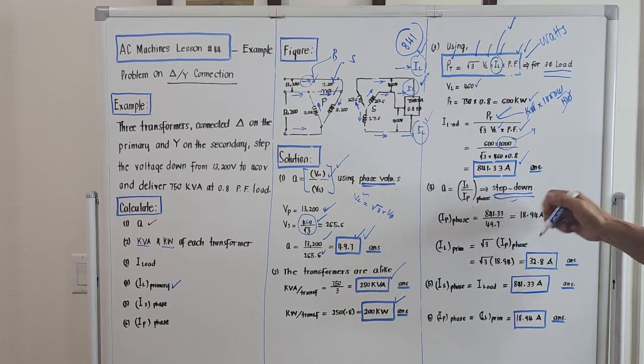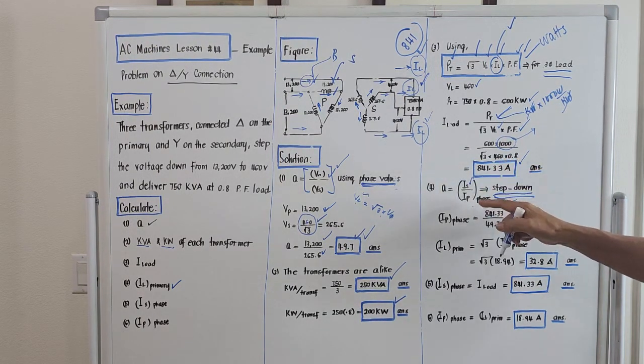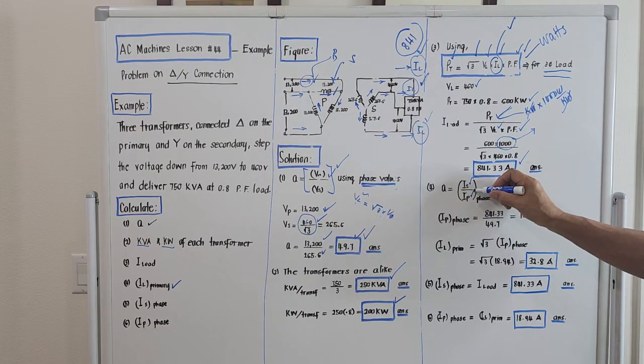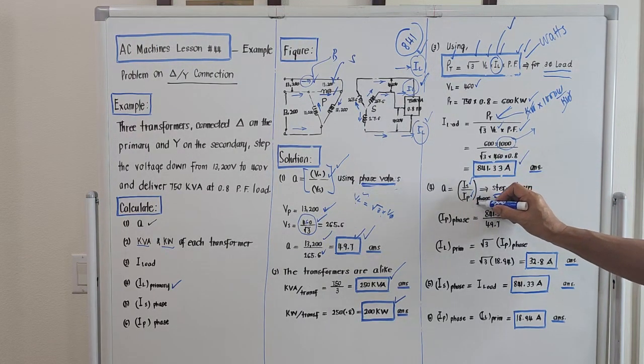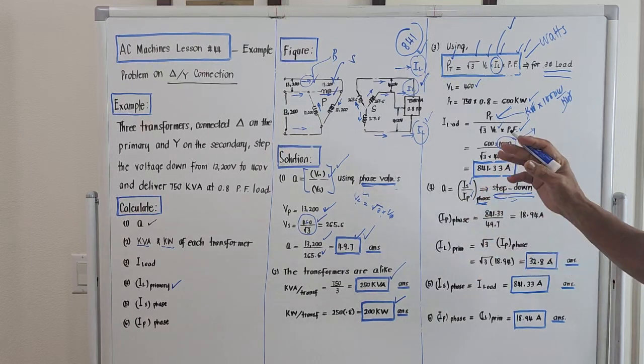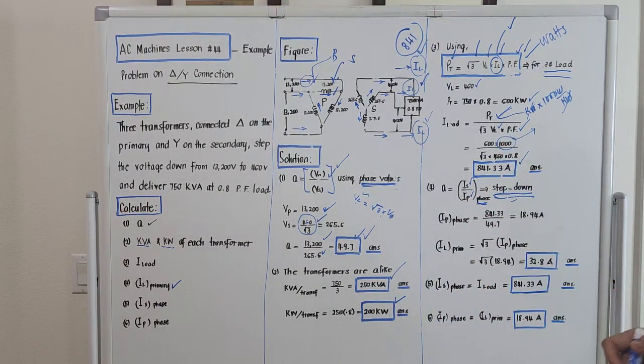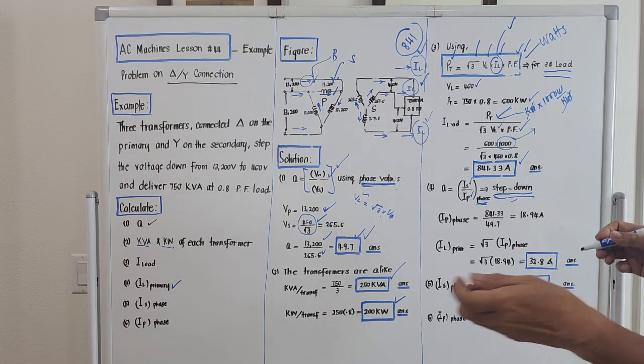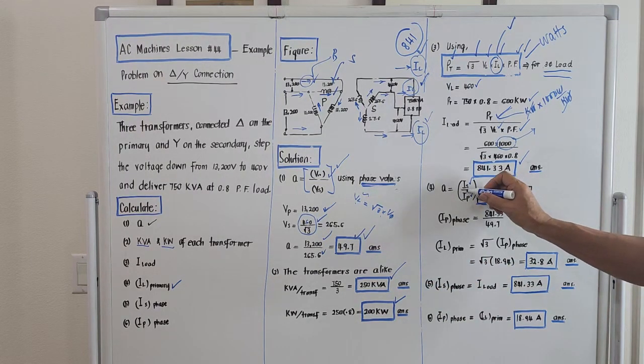For a step down, the one on the numerator should be the secondary current, and the one on the denominator should be the primary current with the subscript values. We will be using phase values, not line values. And the one being asked here is the primary phase value.